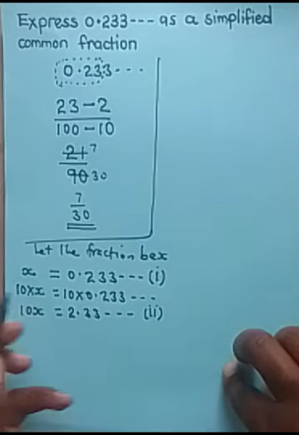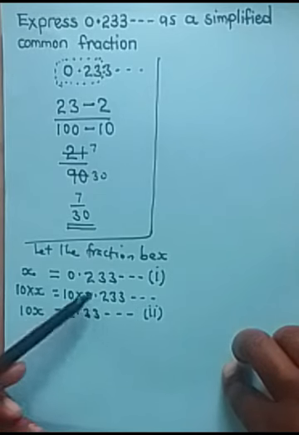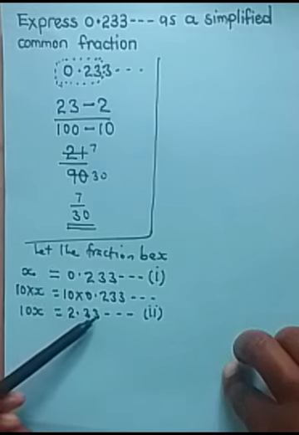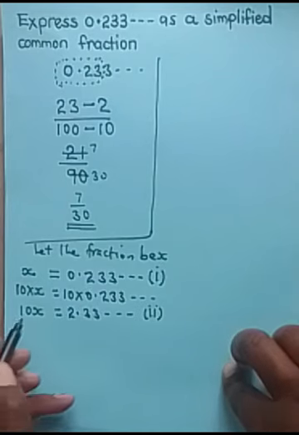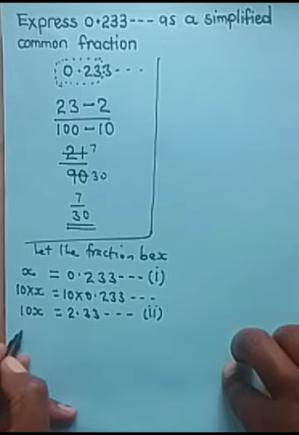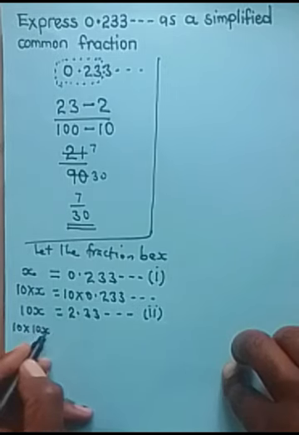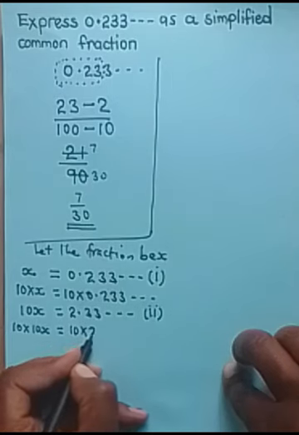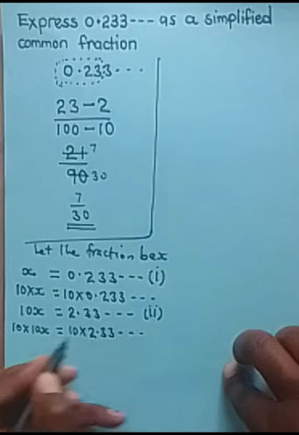Why are we doing this? We want to get a number that will eliminate the decimal places here. But here, as you can see, we have 2, 3, 3. Here we have 3, 3. When we subtract, it will not disappear. Again, multiply this by 10. So we are going to have 10 times 10x is equal to 10 times 2.33, repeating itself.